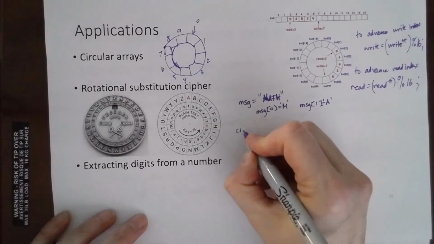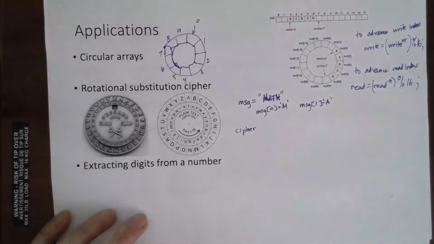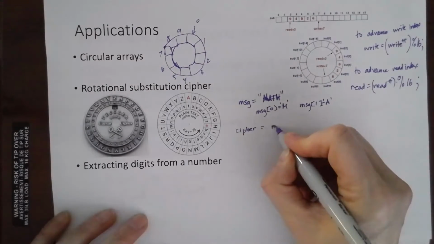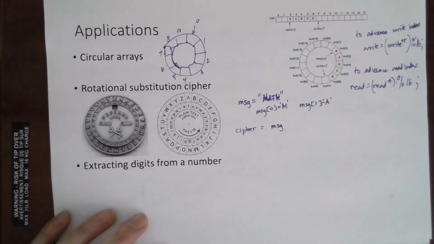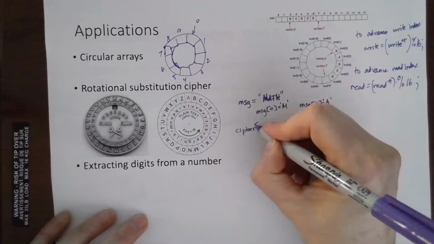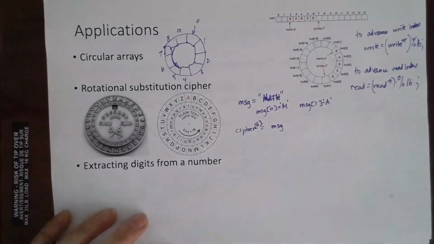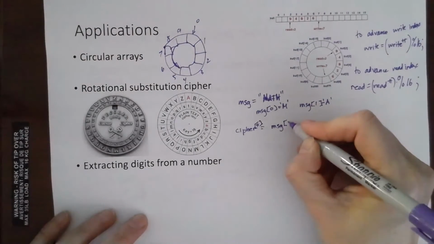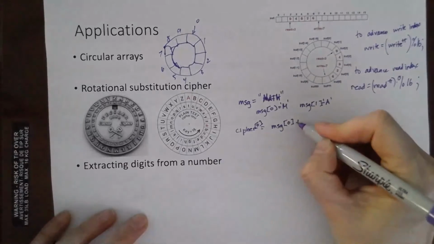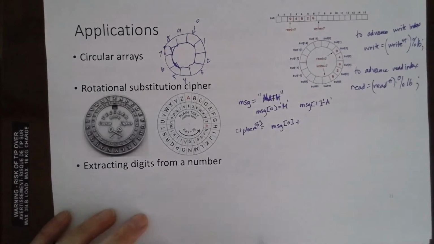So if I want to figure out what the cipher message is, well, you would take the original message, so if I'm going to find cipher 0, I'm going to go to this, and then I'm going to add however far. So let's say this one where I rotated it 19.